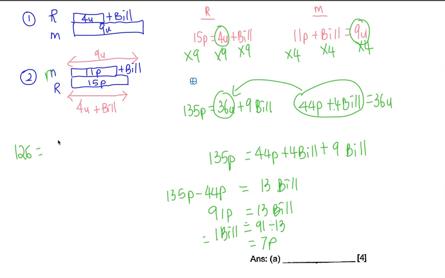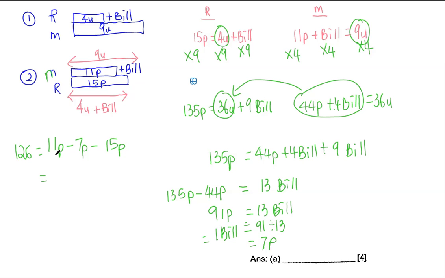So we can write it out like that. 11 parts minus the bill. The bill here is 7 parts, right? 7 parts minus Roger's. Roger is 15 parts here. So the difference is actually 126.